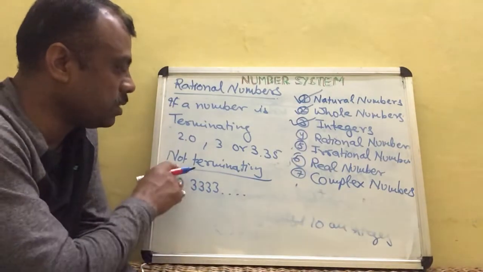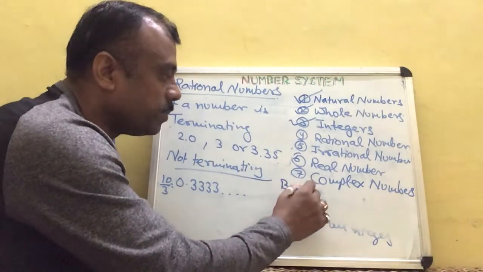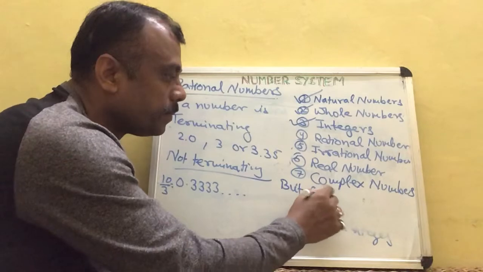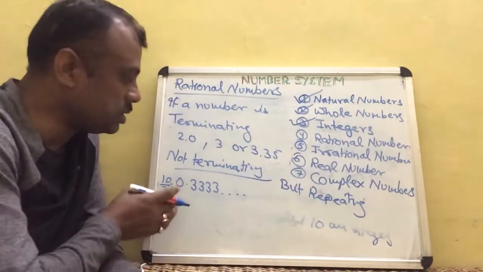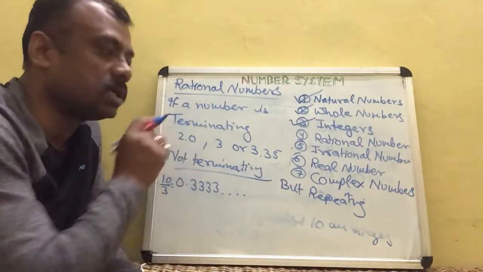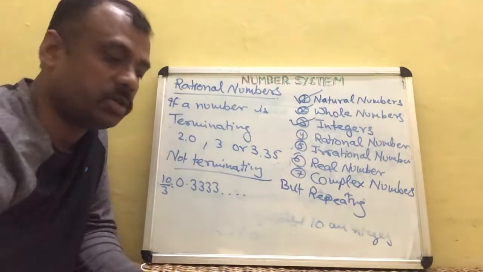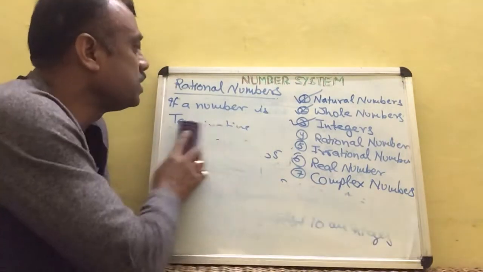But non-terminating but repeating, so these numbers are not terminating but repeating. So these numbers are rational numbers. Let us again define this.